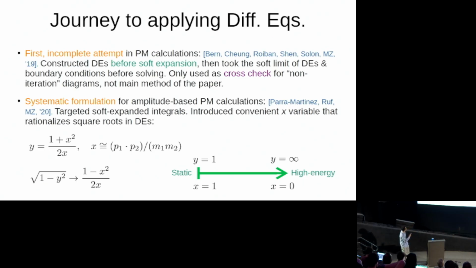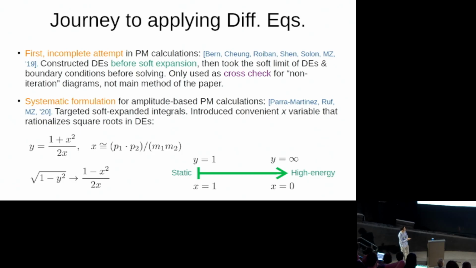And one year later, with my collaborators Julio Parra-Martinez and Michael Ruf, we had a much cleaner formulation for amplitude-based PM calculations. We rely on doing the soft expansion in advance, and we only target these soft expanded integrals, which depend on only one non-trivial variable, which is the velocity variable.